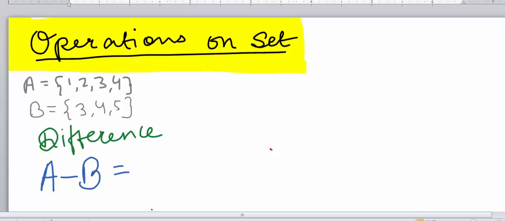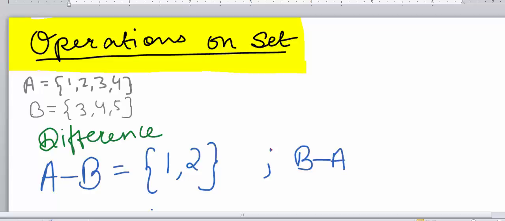is the set of elements that are in A and not in B. Okay, the elements that are in A but not in B are elements 1, 2. Similarly, we can have B minus A as the set of elements that are in B but not in A. So this would contain only 5.